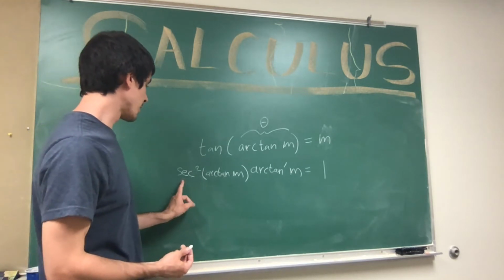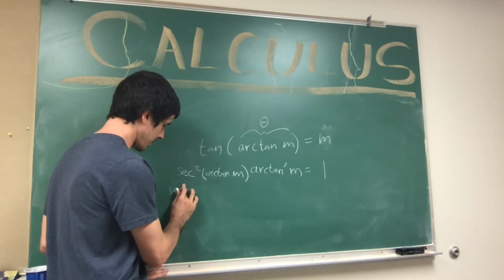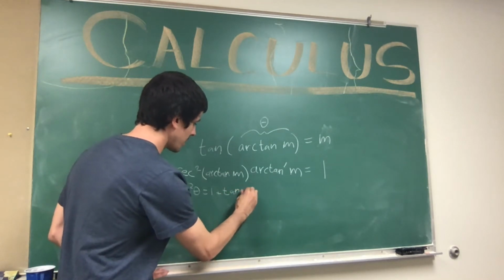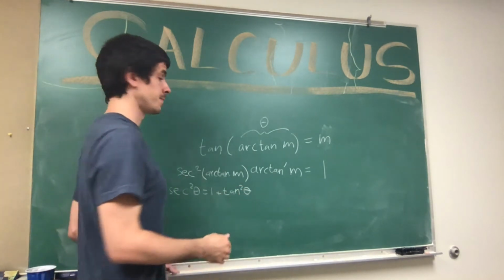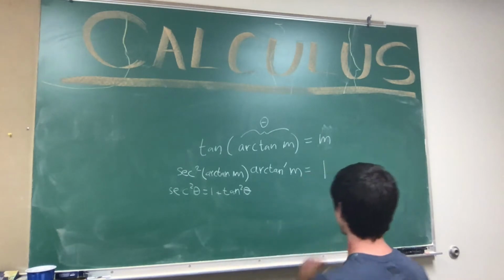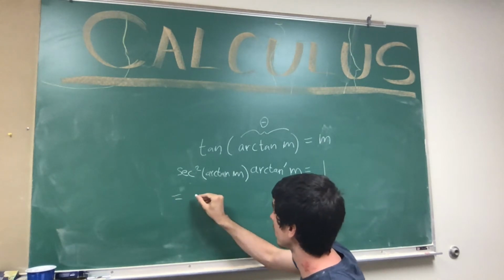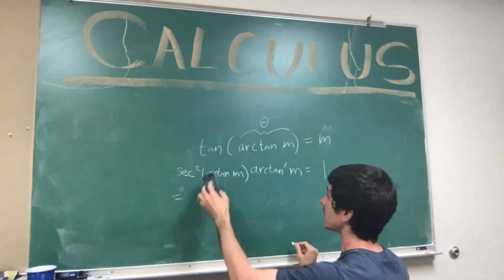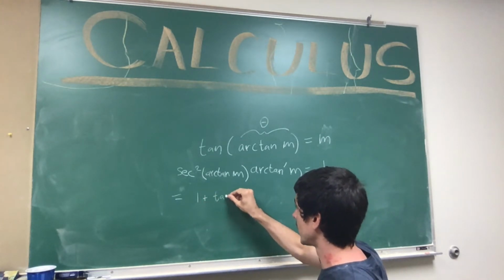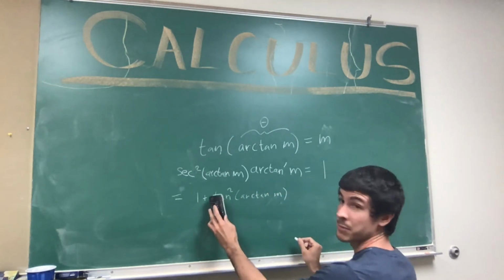So then we can use some identities and rearrange. So recall that secant squared of theta equals 1 plus tangent squared of theta. So this whole thing here can be rewritten using this identity as 1 plus the square of the tangent of arctangent of m, but tangent squared of arctangent of m, well, that's just m squared, right?